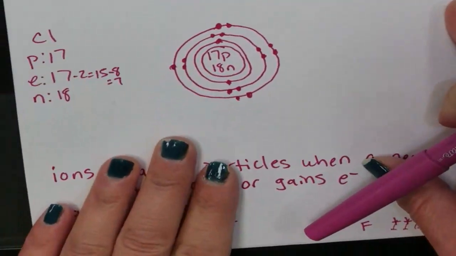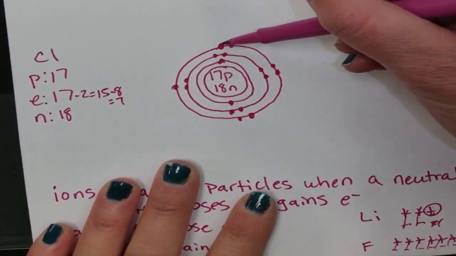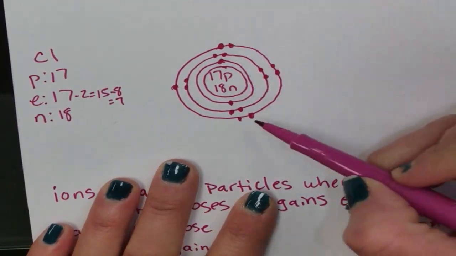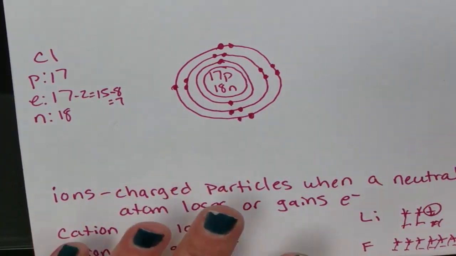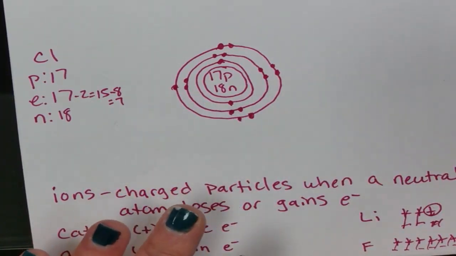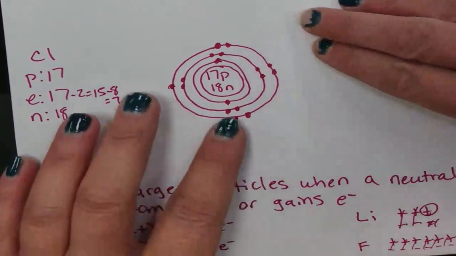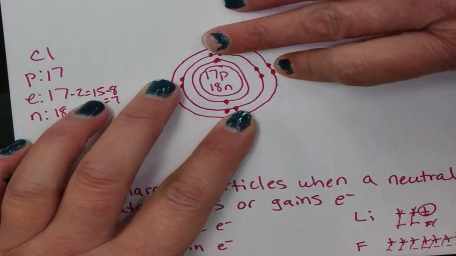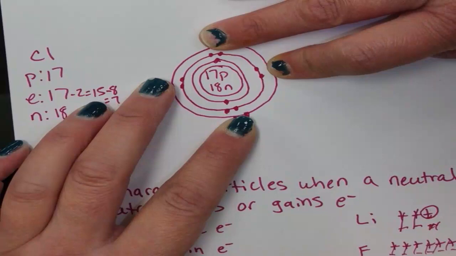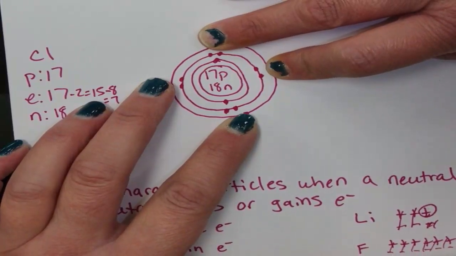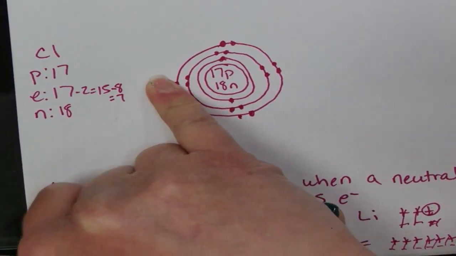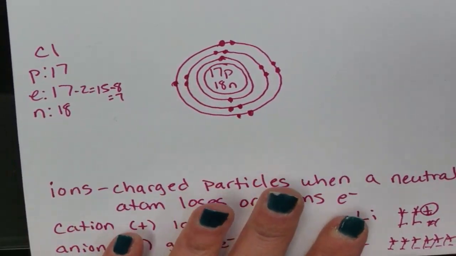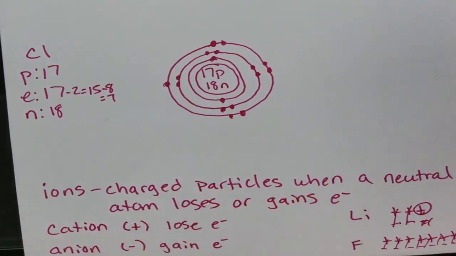Let's look at chlorine. Chlorine has 1, 2, 3, 4, 5, 6, 7 valence electrons. If chlorine has 7 valence electrons, we have 2 options. Chlorine can lose these 7 to form 8, or chlorine can gain 1. 1 is less than 7, so chlorine is going to choose that option.